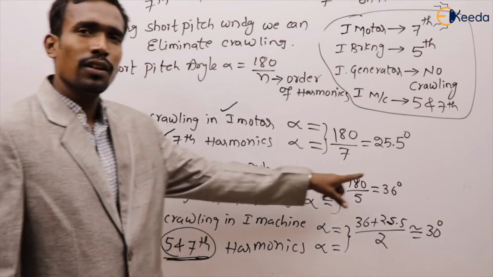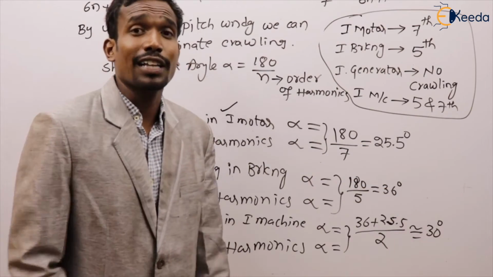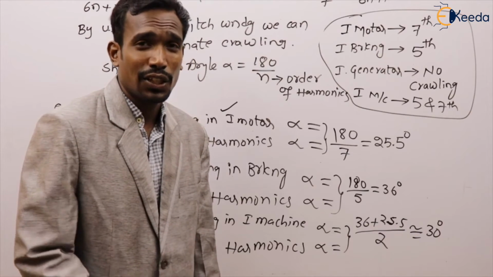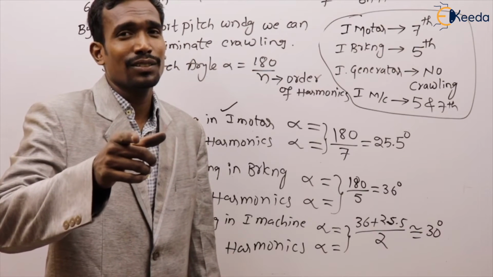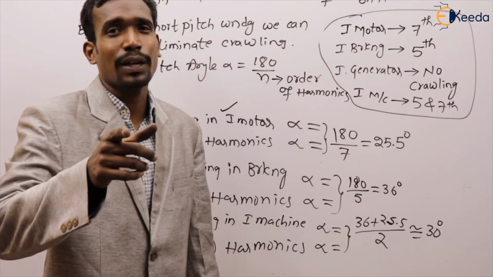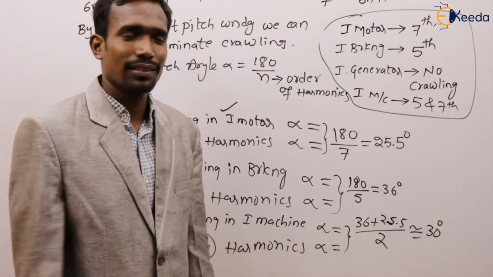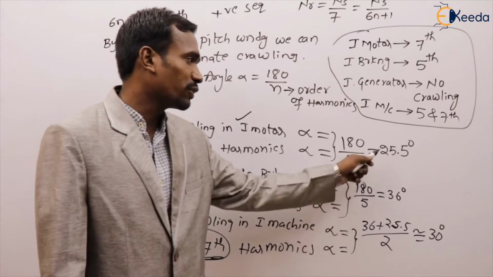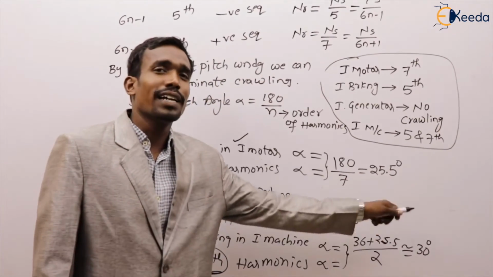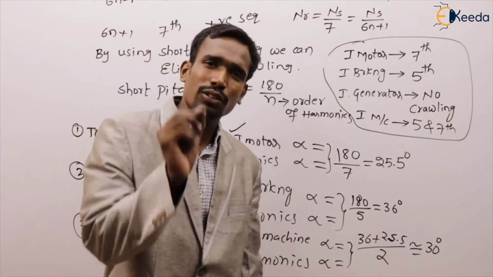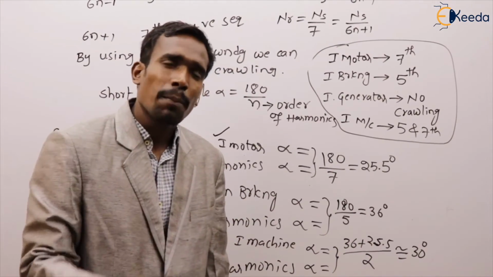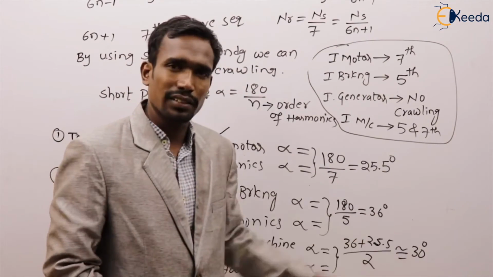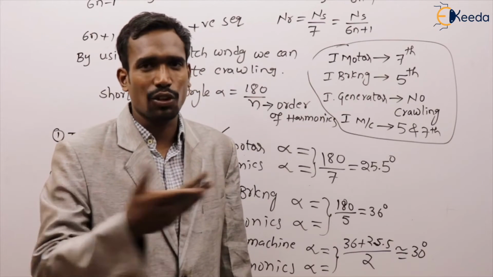Crawling in braking, 180 by 5. Crawling in a generator would be a wrong answer, because in a generator there is no crawling. So to eliminate crawling in the induction machine, both 5th and 7th, we take the average of these two, nearly 30 degrees. Actually its value is 30 point something, but generally we take 30 degrees. That is enough to eliminate crawling.